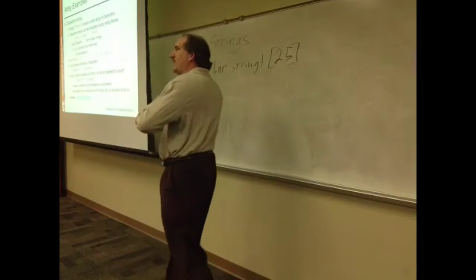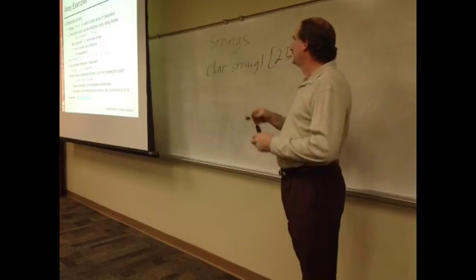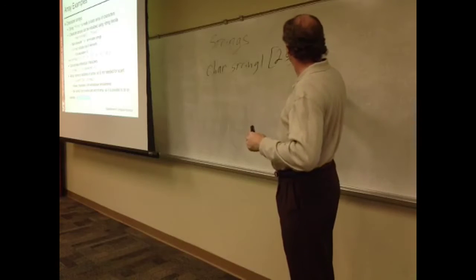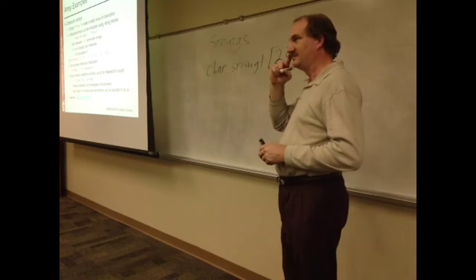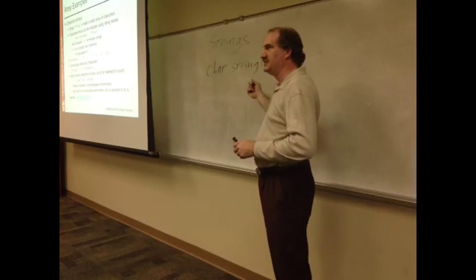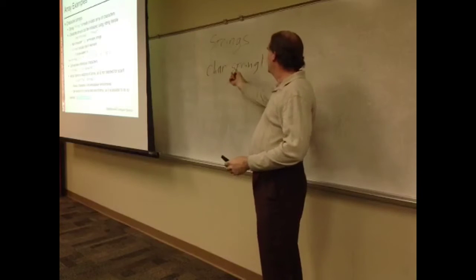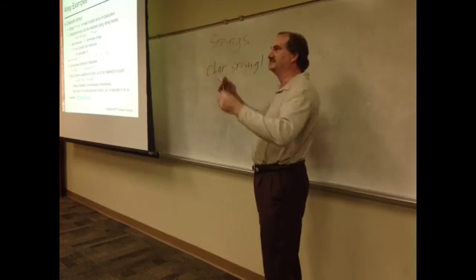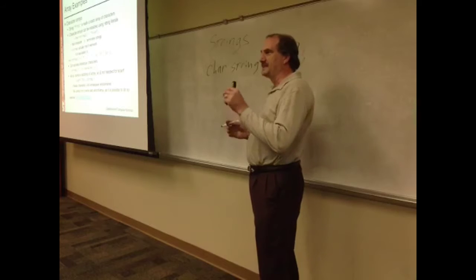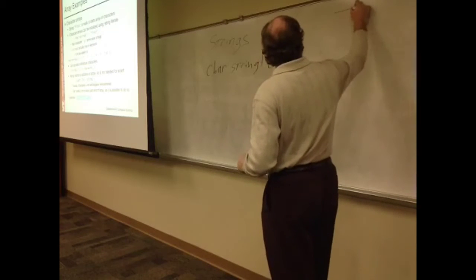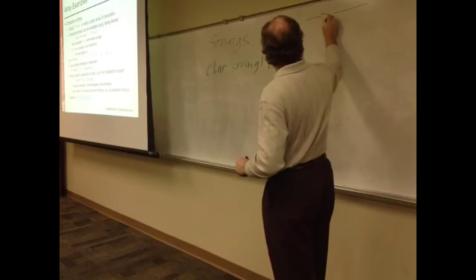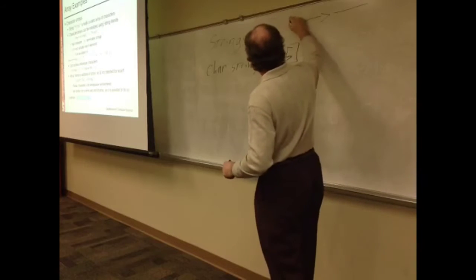So what happens when they say this? What does the computer go out and do when it hits this command? It goes out and grabs a spot in memory. It's going to refer to that spot as string 1.